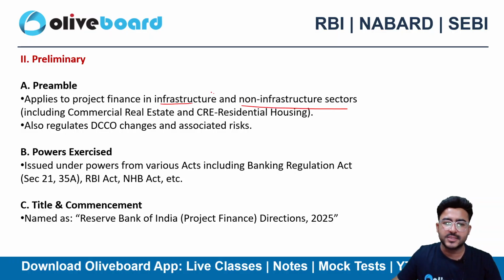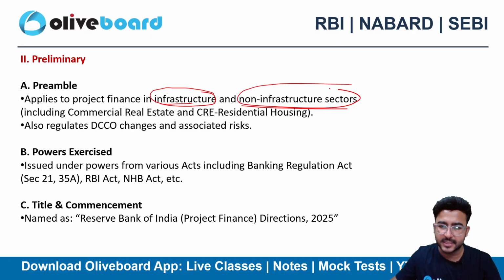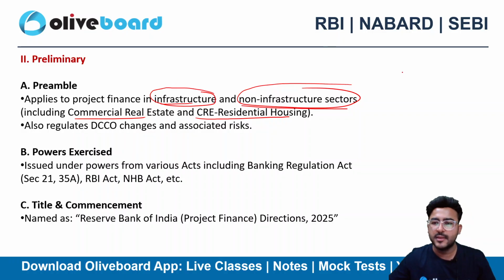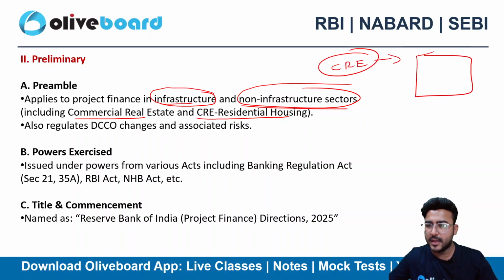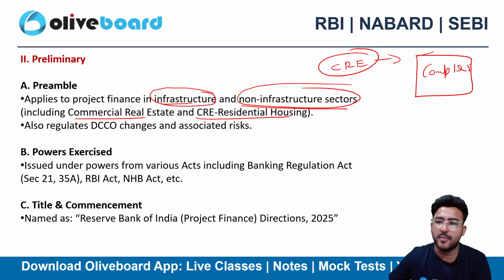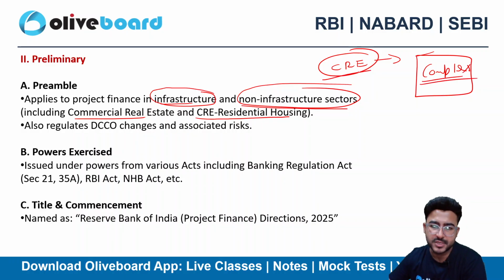So this particular circular will be applicable on infrastructure as well as non-infrastructure sector, including commercial real estate and commercial real estate residential housing. Let's suppose you are building commercial real estate, let's suppose a commercial complex, right? So this is commercial real estate.